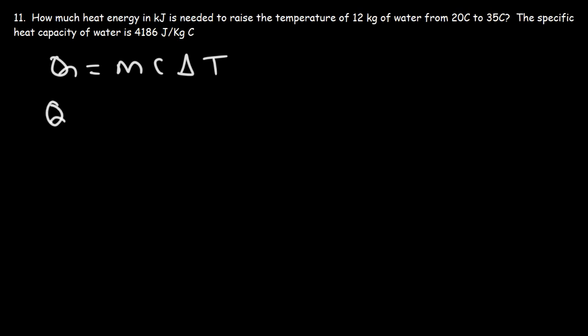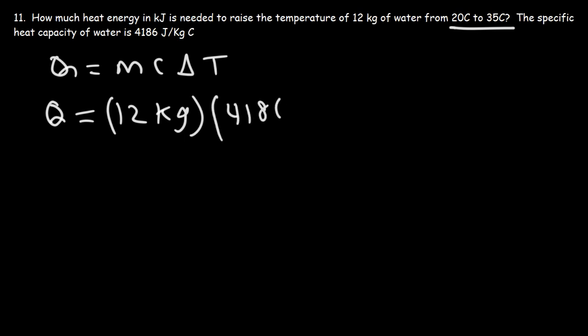Q is basically the amount of heat that's needed to raise the temperature from 20 to 35 degrees Celsius. m is going to be the mass in kilograms. c is the specific heat capacity, which is 4186 joules per kilogram per Celsius.